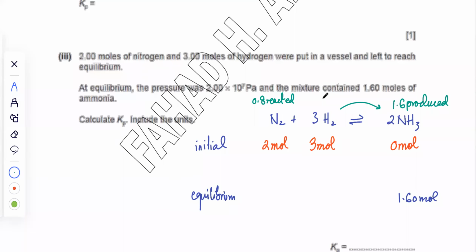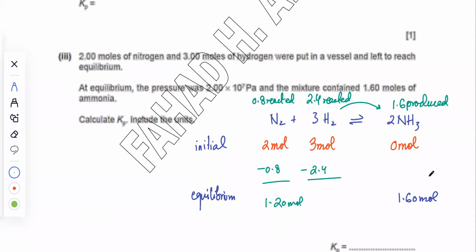What's this value? 2.4. Okay, 2.4 is going to be taking part in the reaction. 3 produces 2, so 2.4 would produce 1.6. So these are the moles taking part in the reaction. So 0.8 is gone, they've reacted, and 2.4 are also gone because they've reacted. So what are you left with? Started off with 2 moles, and 0.8 of them are gone. So this is 1.2, right?